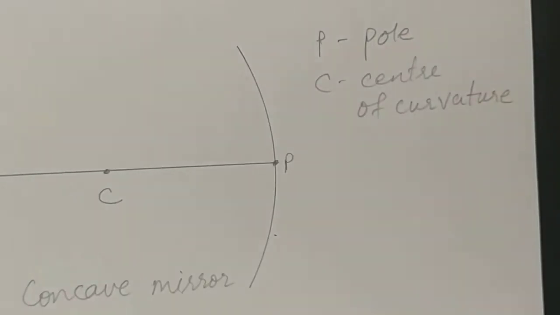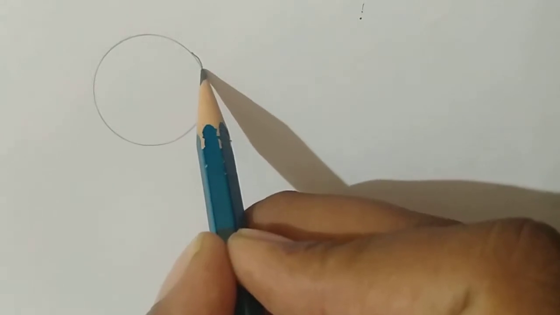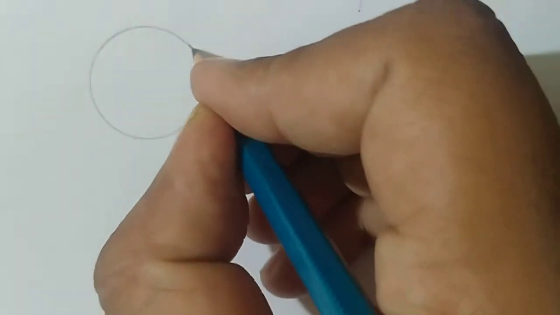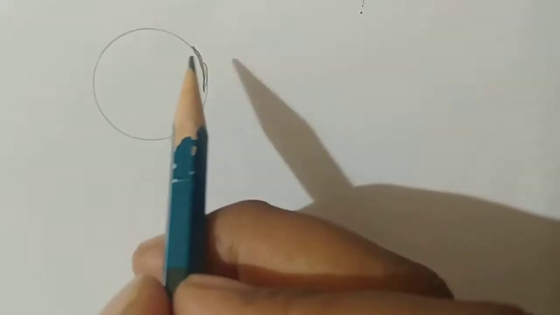Now, for example, this portion was our mirror, correct? I have finished this, so you see a circle is formed.